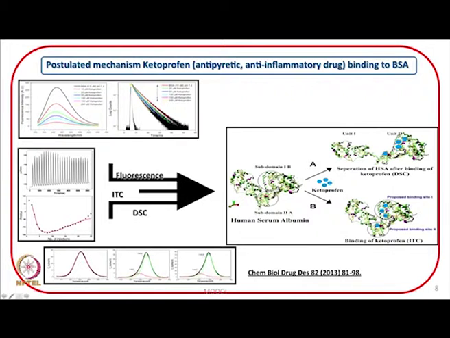And then when you study the thermal unfolding of the bound protein, we can see that there are two well-defined endotherms embedded under an overall endotherm in the presence of Ketoprofen.